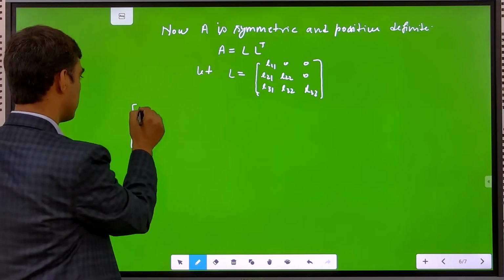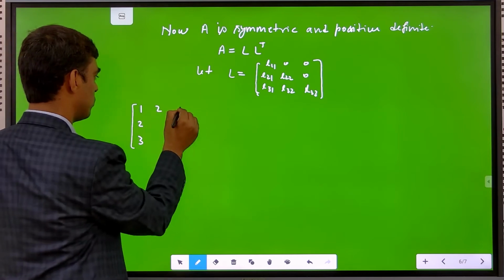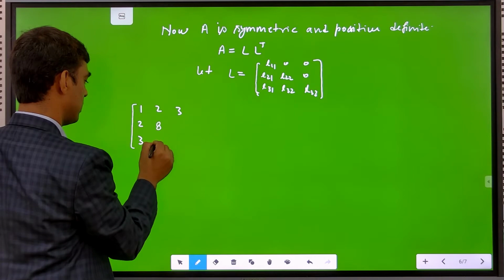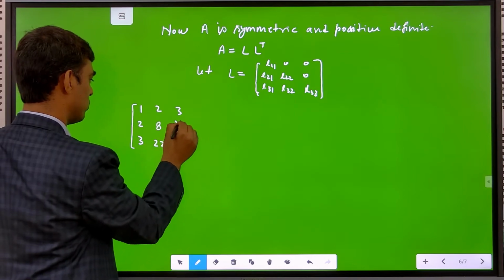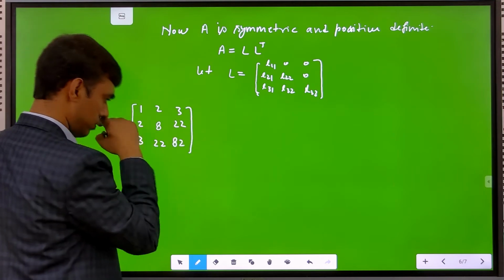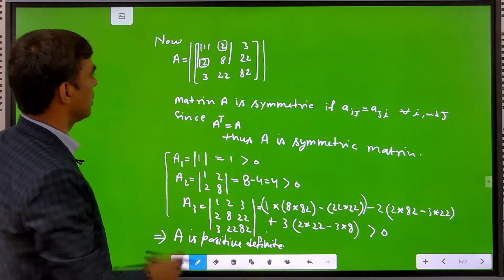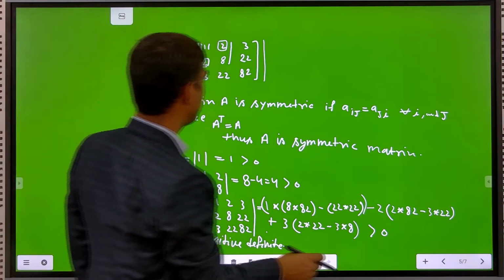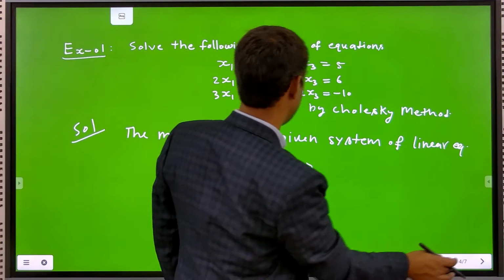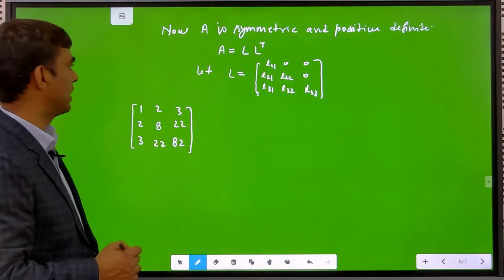So A is 1 2 3, 1 2 3, 8 22 22, and 82. So this is matrix A.